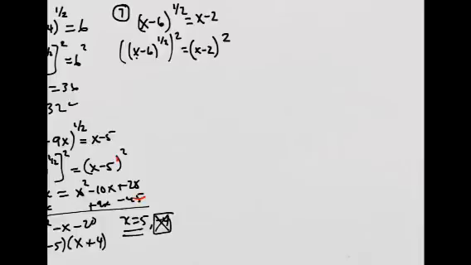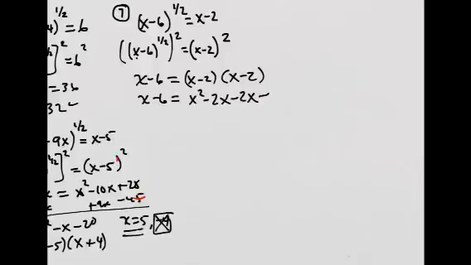So now I've got x minus 6 on the left. And on the right, it's x minus 2 times x minus 2. So that's going to give you x squared minus 2x plus 4, which is x squared minus 4x plus 4.